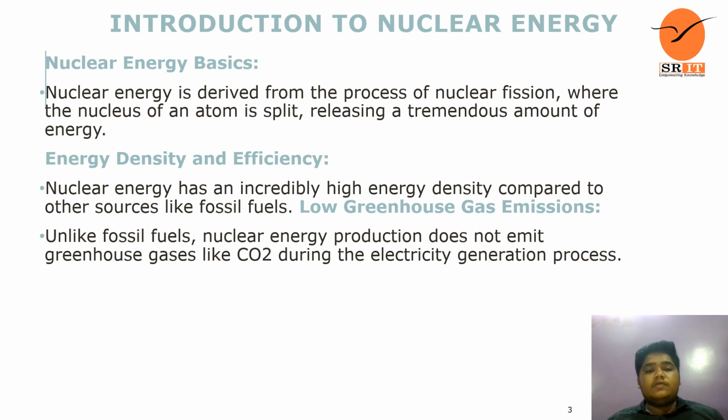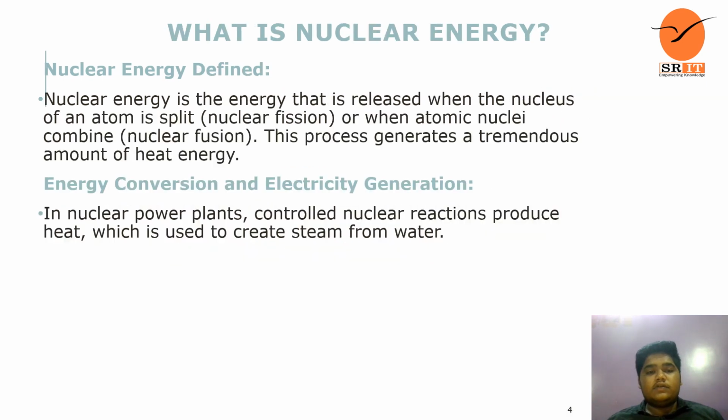Nuclear energy has an incredibly high energy density compared to other sources like fossil fuels. Low greenhouse gas emission. Unlike fossil fuels, nuclear energy production does not emit greenhouse gases like CO2 during the electricity generation process.